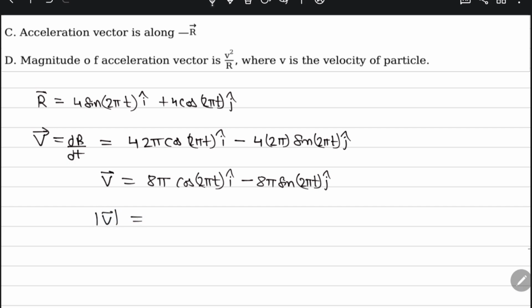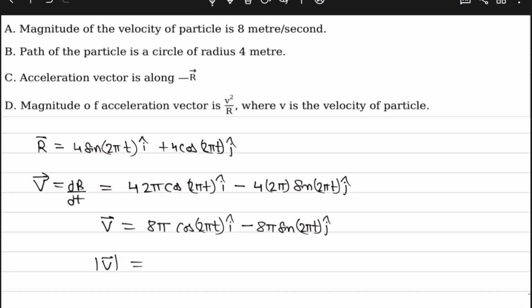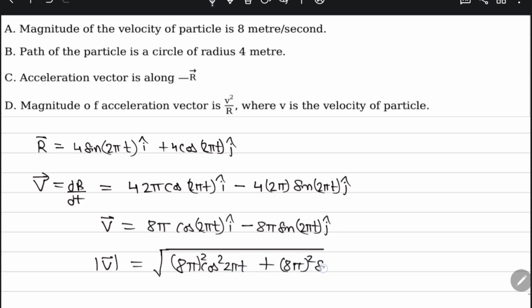So here the velocity vector is coming, and now you have to find the magnitude of the velocity vector. How do we find the magnitude? You know this: 8 pi squared cos squared 2 pi t plus 8 pi squared sin squared 2 pi t.